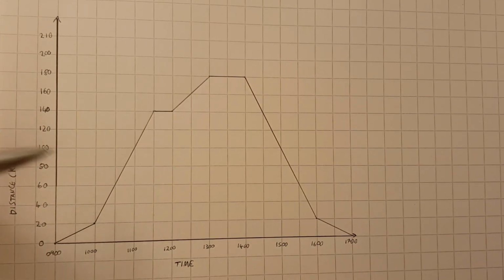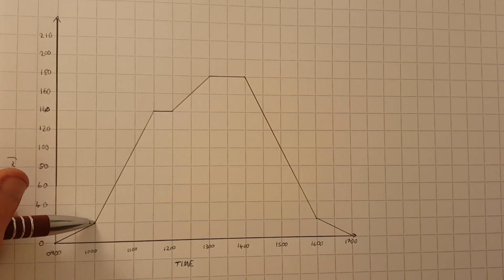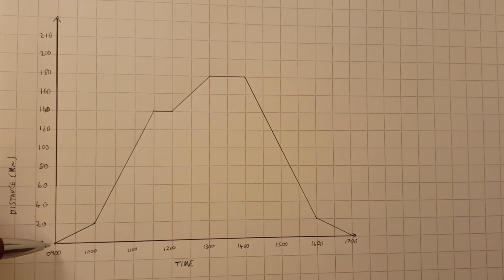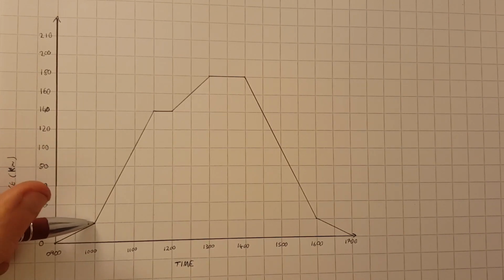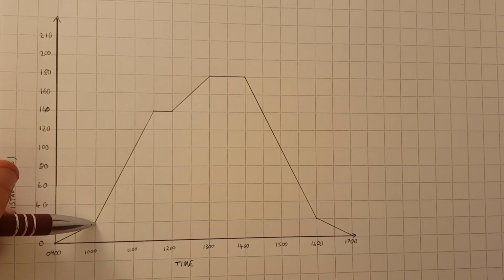So it starts off, the vehicle leaves its starting point at 9 o'clock in the morning, 0900, and by 10 o'clock we can see the distance is 20 kilometres away. So we've travelled at a speed of 20 kilometres per hour, represented by the line there, to get there at 10 o'clock.